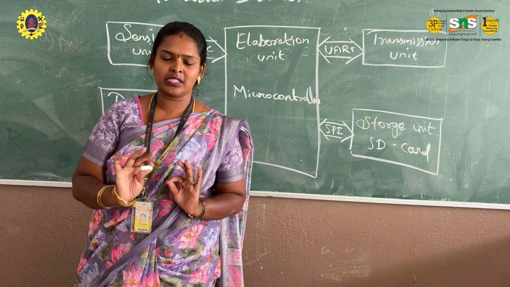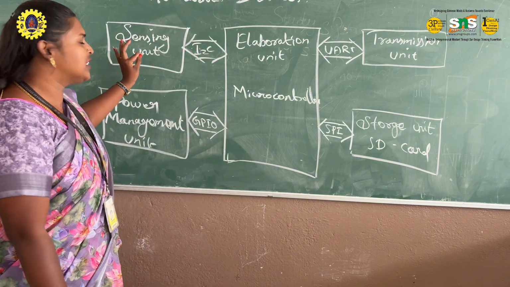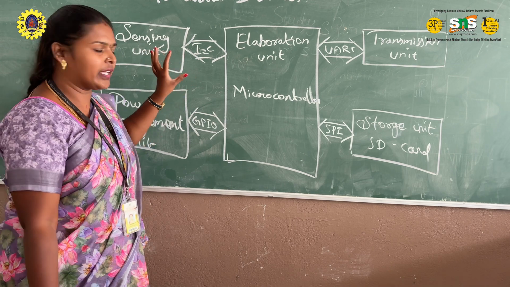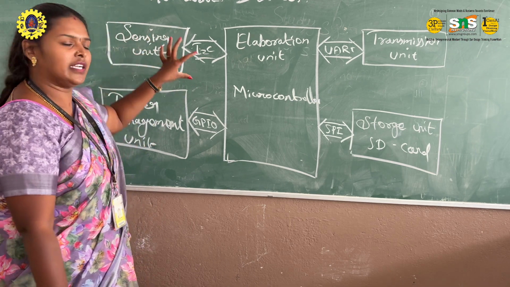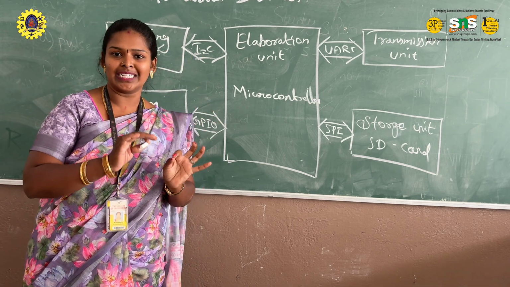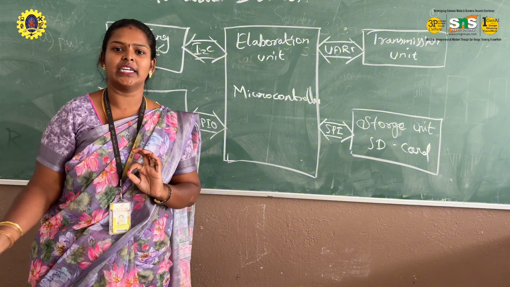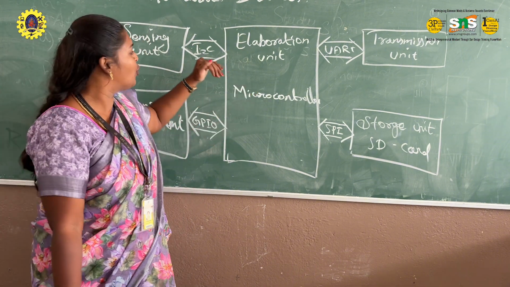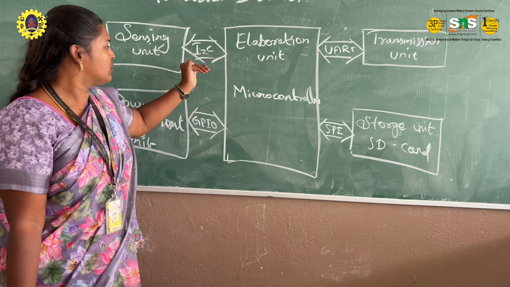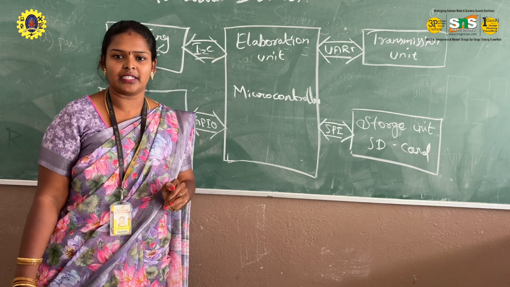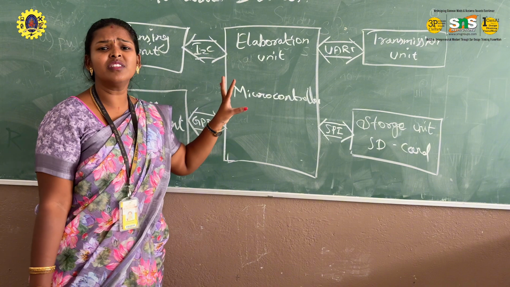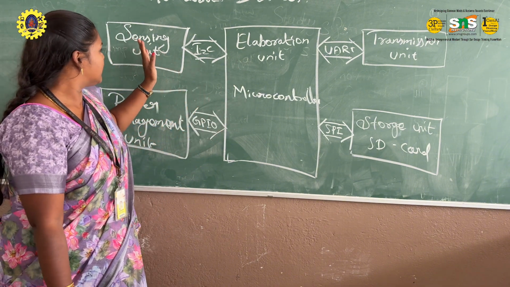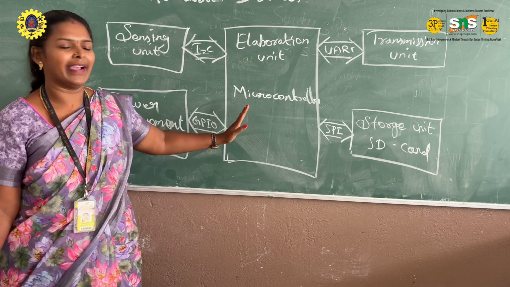How it works: the sensing unit senses the value. The sensor senses the physical signal and converts it into an electrical signal. That signal is given to the microcontroller through I2C. I2C means inter-integrated circuit, used to communicate the signal from the sensing unit to the microcontroller.